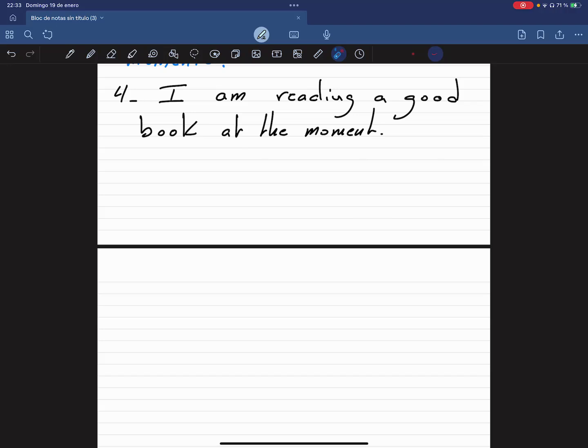So what's the verb? Let's begin with the yo. Now the verb estar. Estoy. Now the verb to read is the verb leer. So how would you say reading? You just take off, remove the ER, and you add yendo, leyendo.